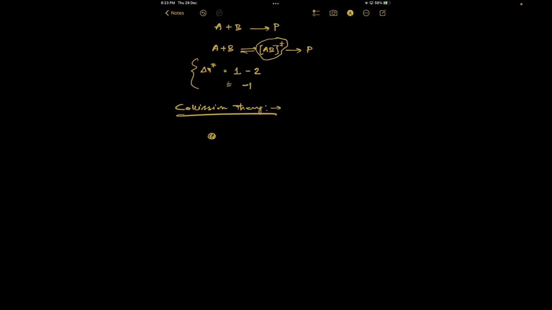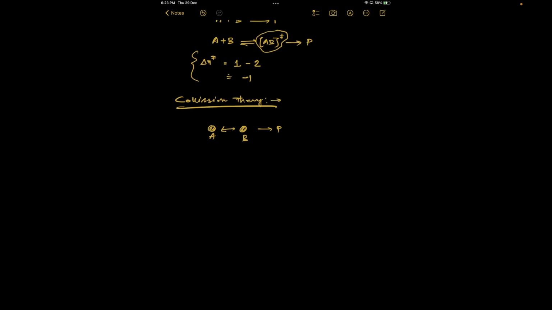Let's say A and B molecules will first collide with each other and then the product molecule will form. Now I will not discuss the collision theory in detail. I'll just write down the last expression.